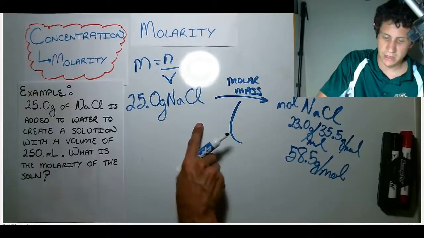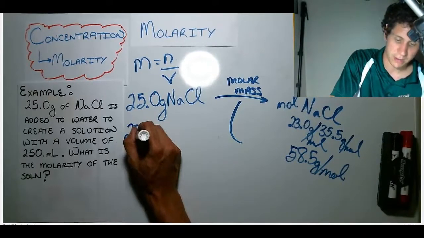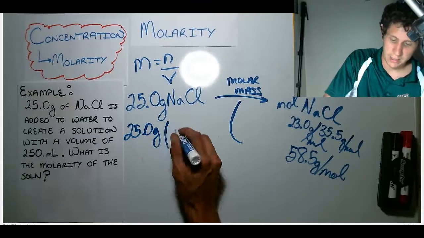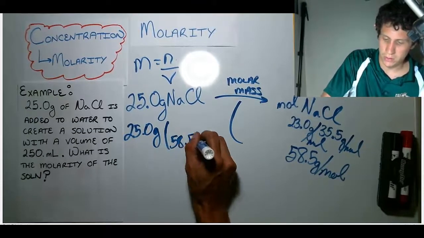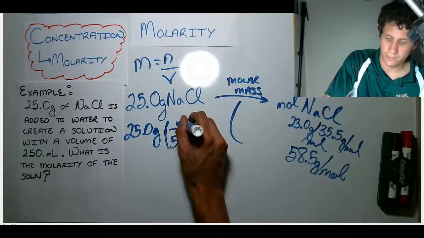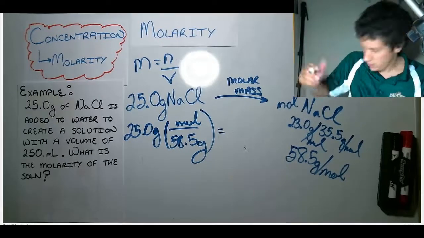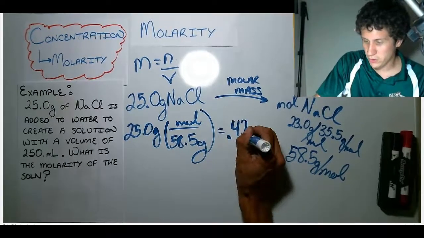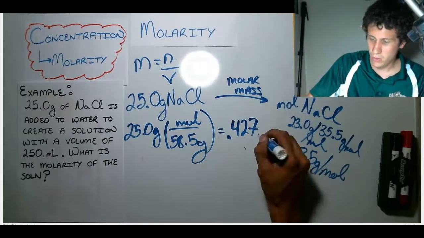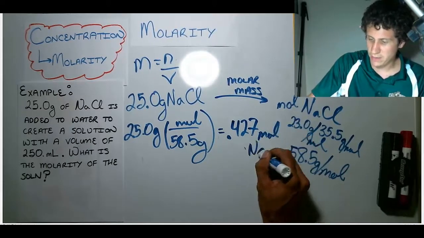So I can easily convert this 25 grams into moles with a simple conversion. If we do the math here, you end up with 0.427 moles of NaCl.